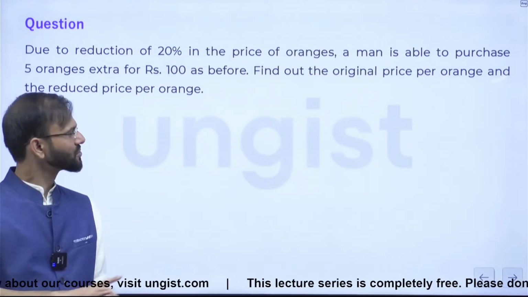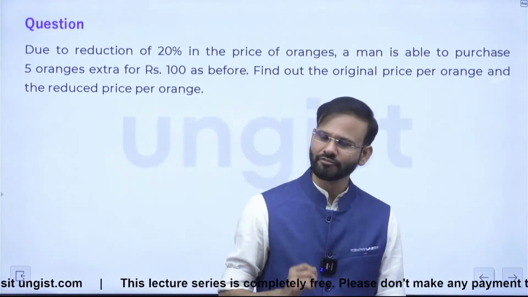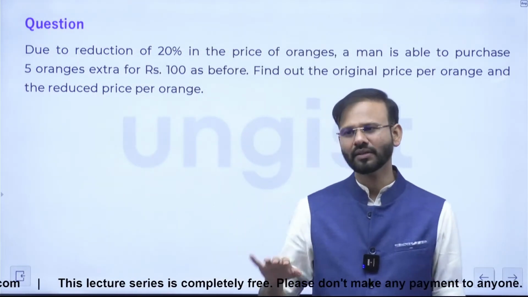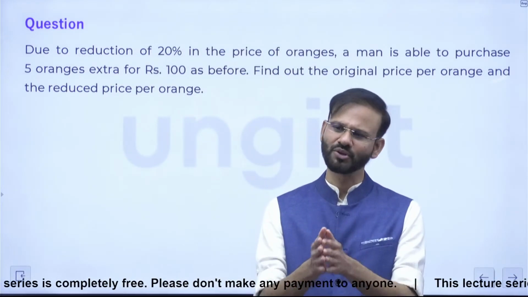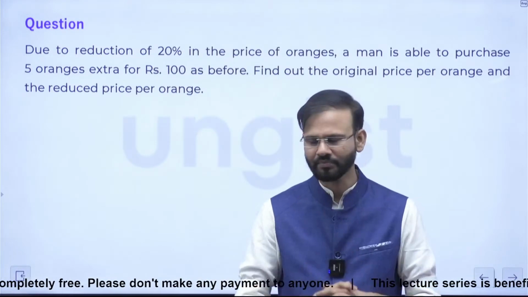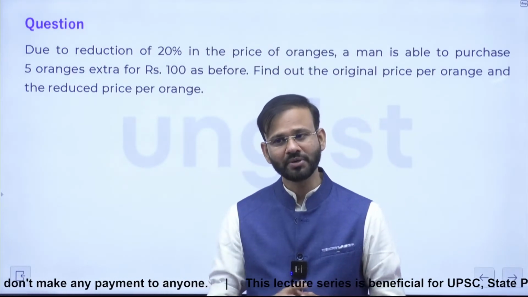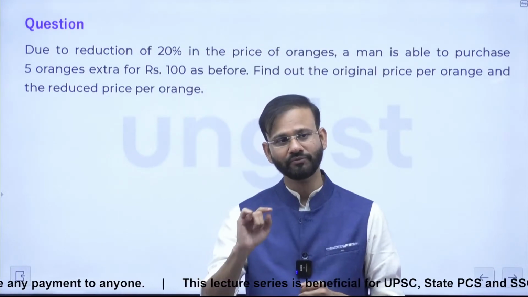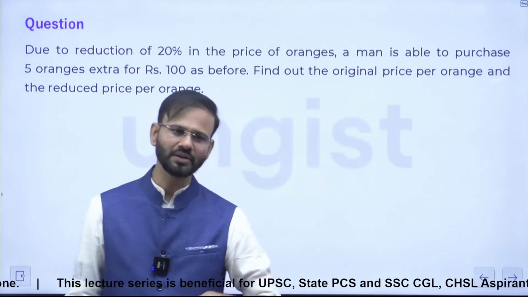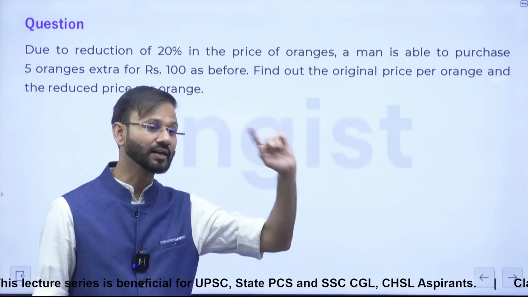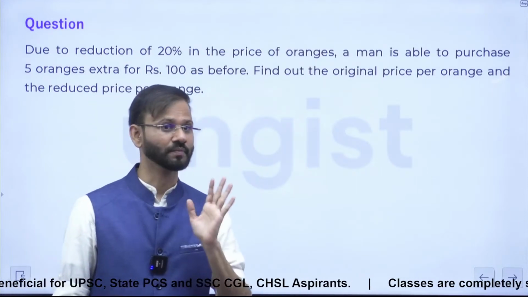Now guys, don't solve this question, just think about this question, right? Tell me one thing, if you went to the market with just 100 rupees in your pocket to buy oranges for those 100 rupees, correct? And now the price is 20% down, which means the quantity of oranges that was available for rupees 100 earlier is now available for rupees 80. Guys, yes or no?